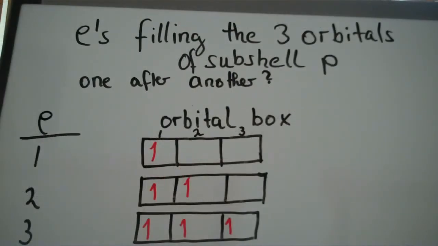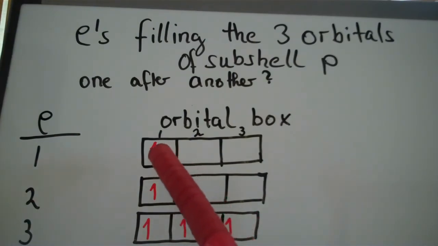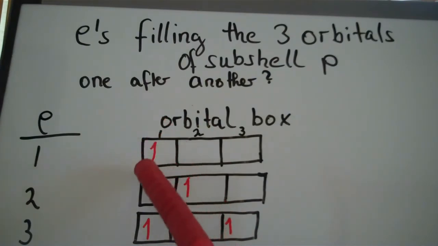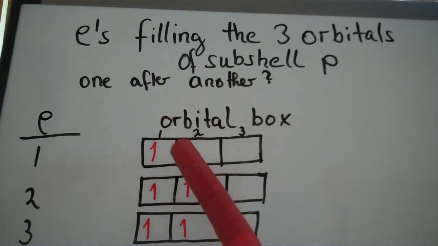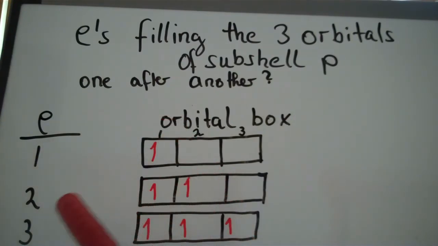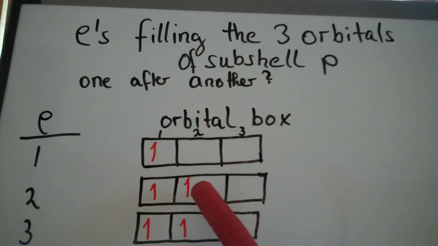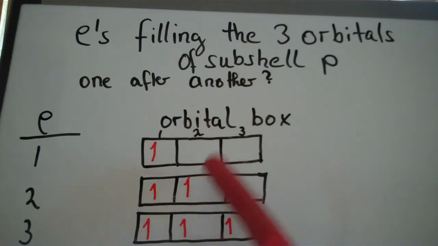Let's summarize how the electrons are filling these 3 orbitals of subshell P one after another. The first electron goes into orbital 1 with a clockwise spin that is indicated with an up arrow. The second electron goes into the second orbital with a clockwise spin.